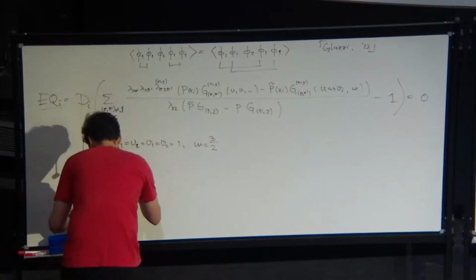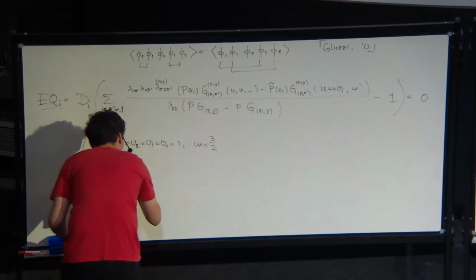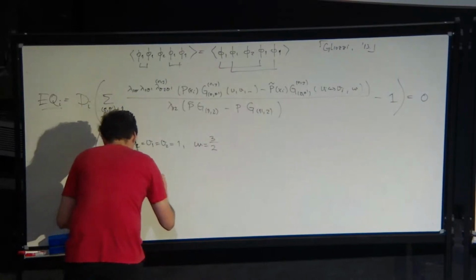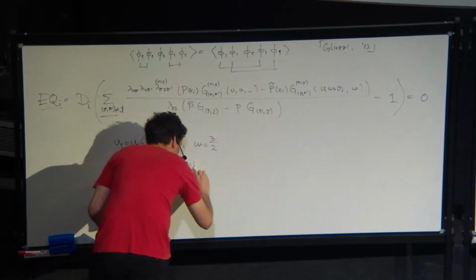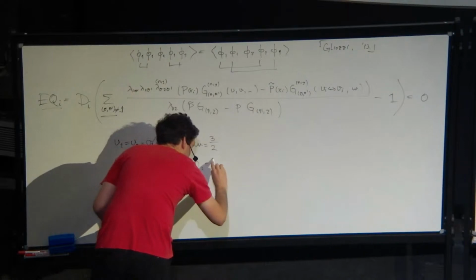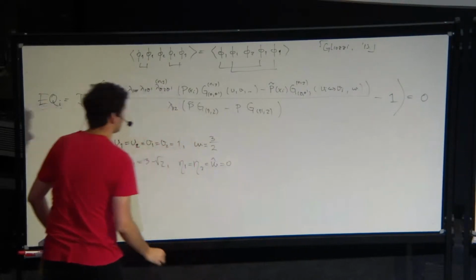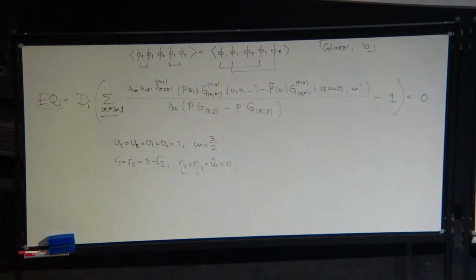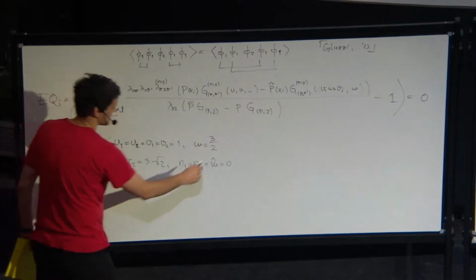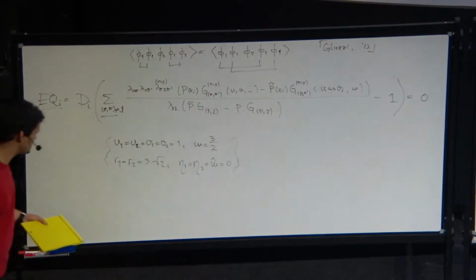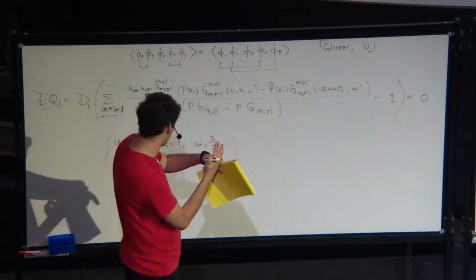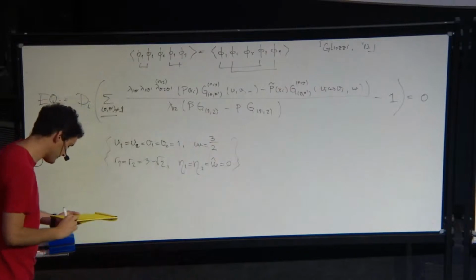This is the case where R1 is equal to R2 is equal to 3 minus square root of 2, and in radial coordinates, W hat is equal to 0. In this configuration, our conformal block converges very quickly, and as we discussed already, this is the configuration where these two planes are orthogonal to each other.